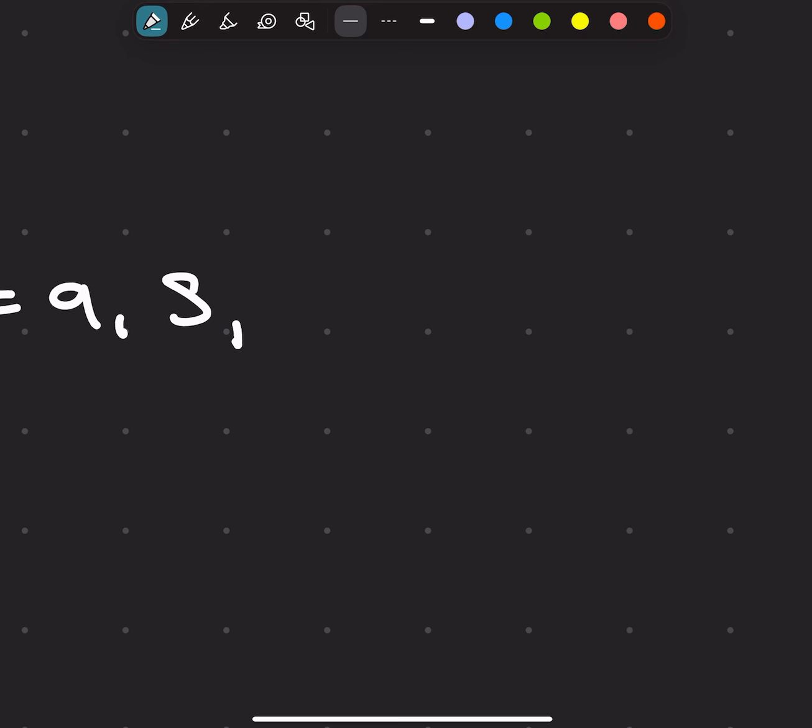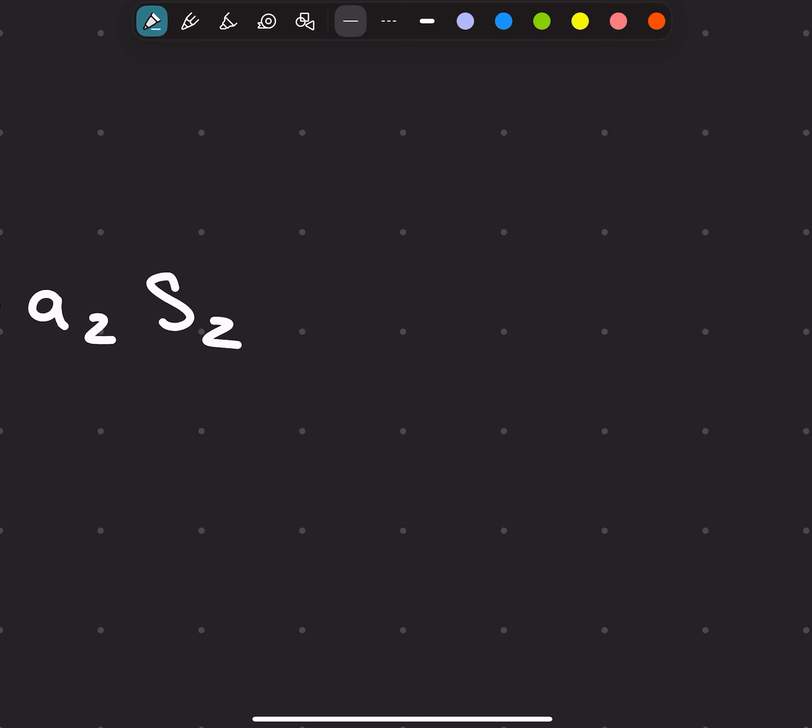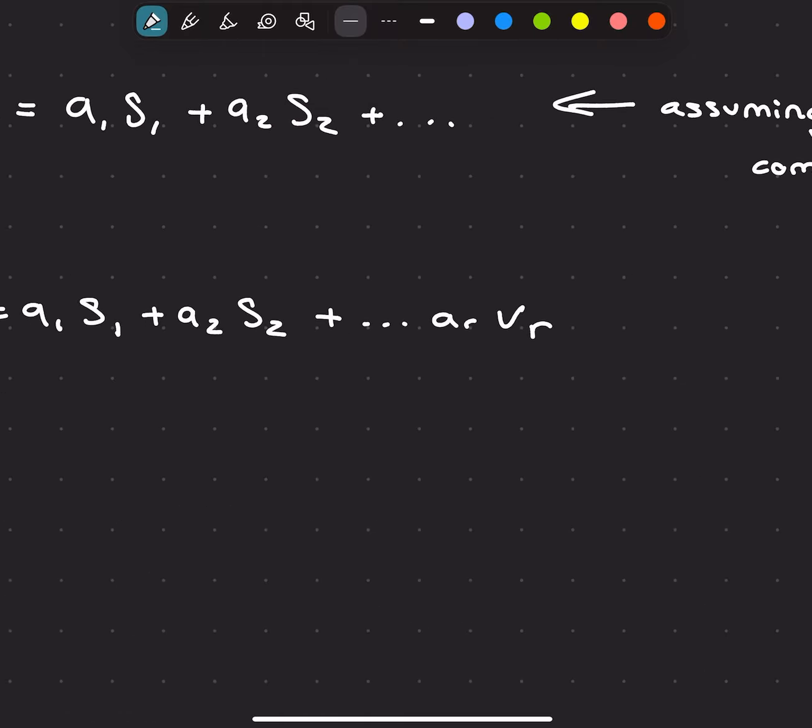So let's say you have vector W in span S, which equals A1 S1 plus A2 S2 plus AR VR. You can substitute our value for VR up here into here.